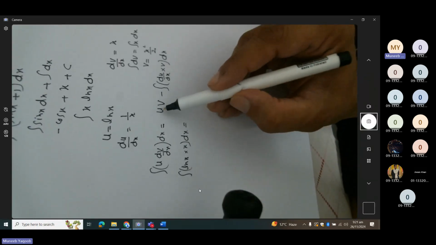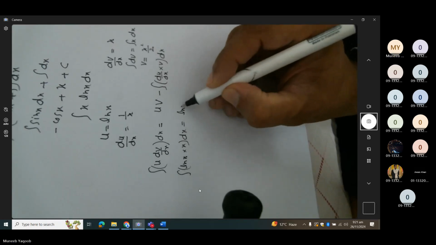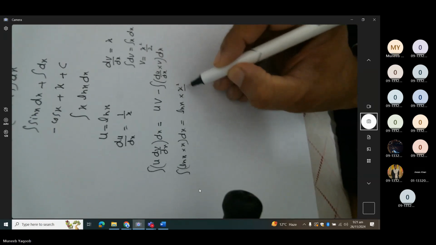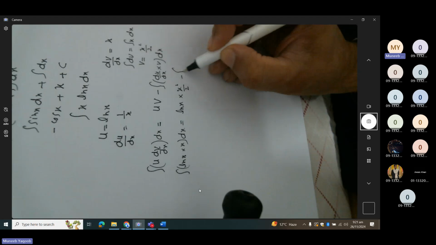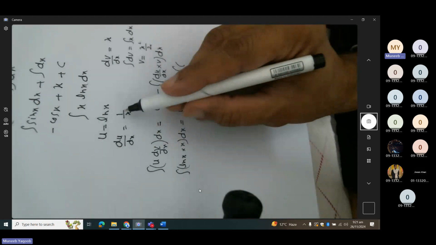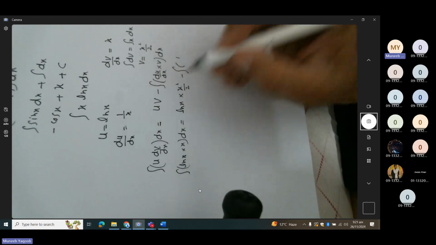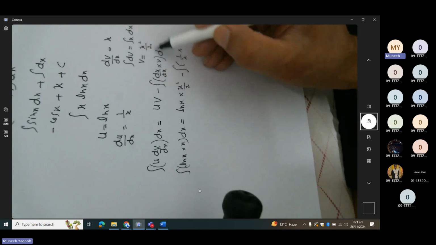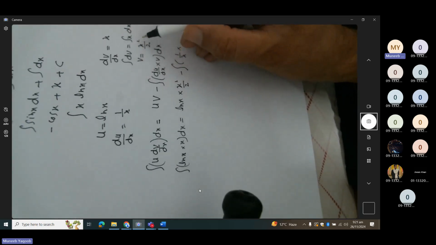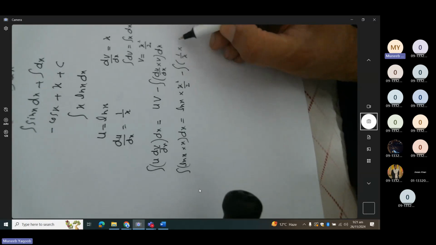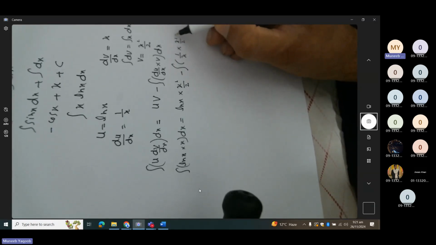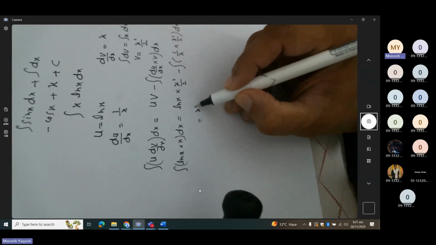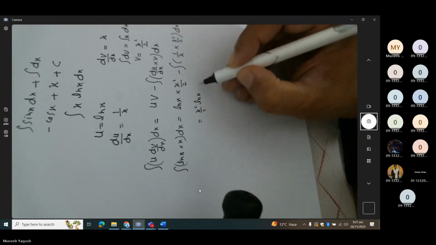We will write u, that is ln of x, times v, that is x square upon 2, minus integration, and in place of du by dx we will write 1 upon x, because du by dx was 1 upon x, and for v we will again write x square upon 2 dx.